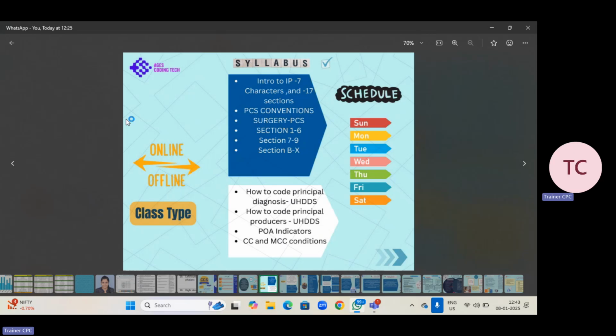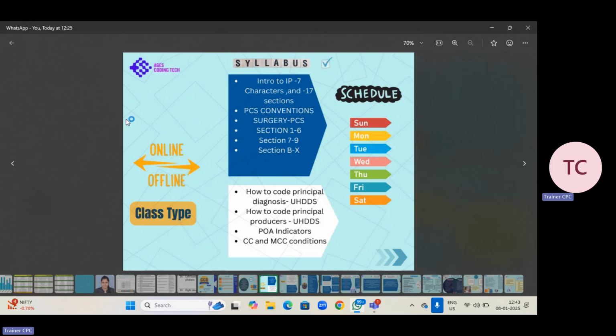After completing PCS, we will be discussing the UHDDS guidelines, how to take the principal diagnosis and how to code the principal procedure. The principal diagnosis code is nothing but the very first diagnosis which you write for the patient, which is the condition chiefly responsible for the patient's hospital admission.